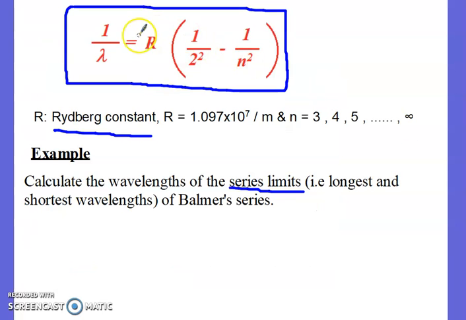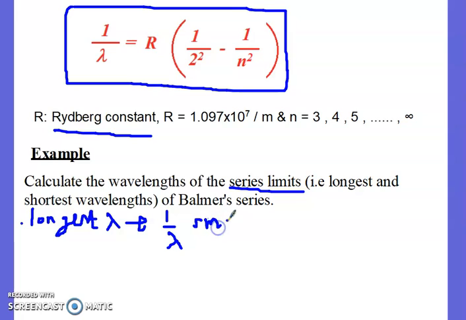Okay? Now look at this rule. Longest lambda means what in your opinion? Means 1 over lambda smallest, right? Smallest.